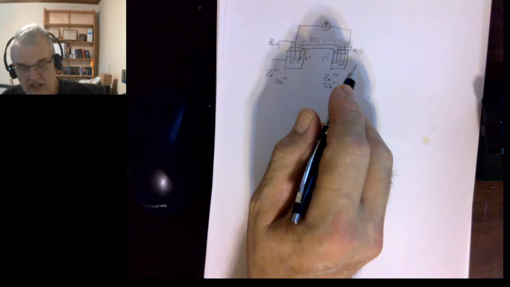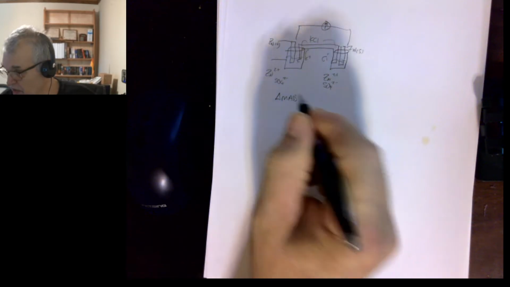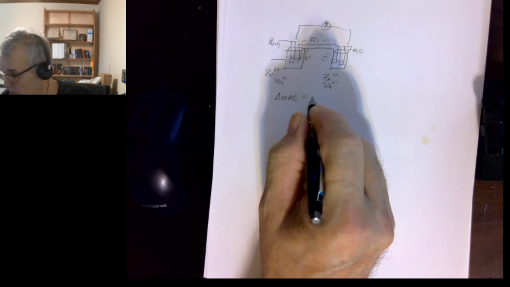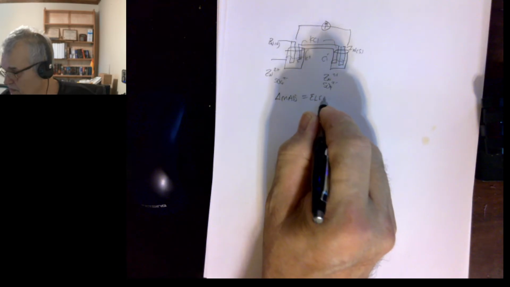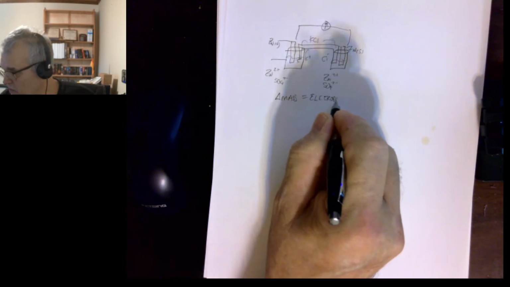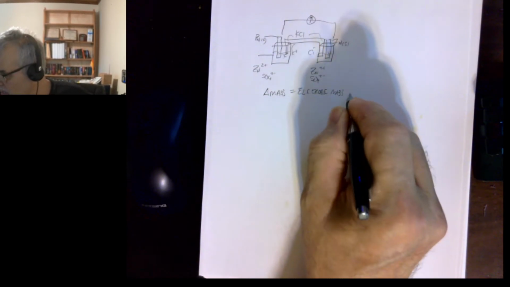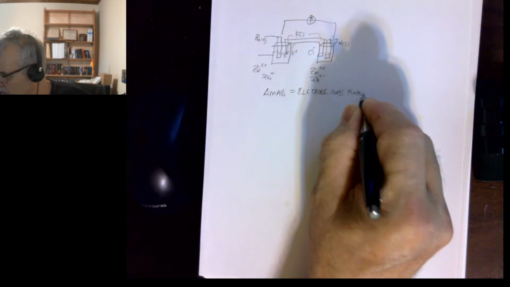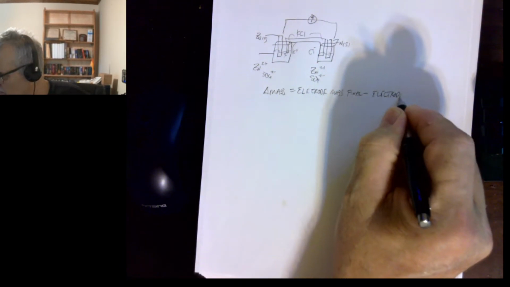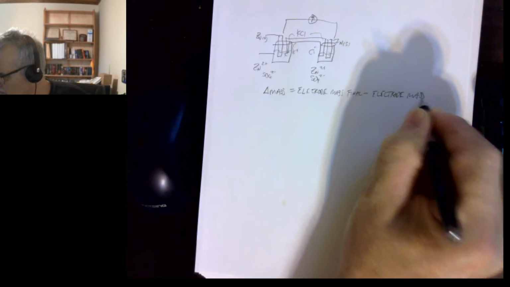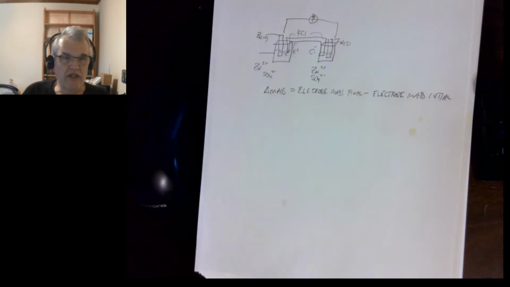Well, I can mass them out, and of course I know the change in mass is going to be final minus initial, so it's going to be the electrode mass final minus electrode mass initial, and that's going to tell me what mass has changed.